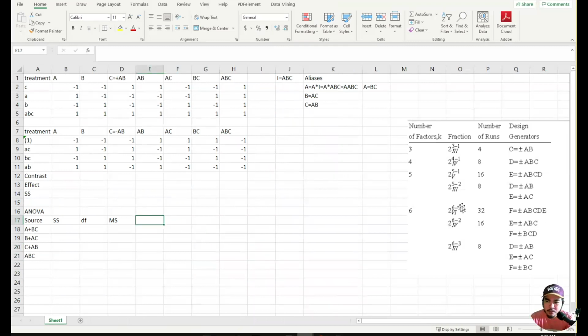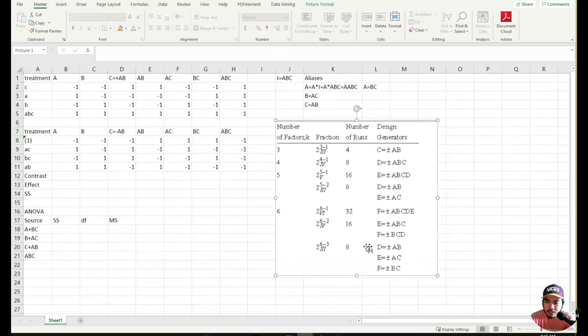Pero I'll be showing you one more, no? Let's do a higher order naman. Let's do 5 minus 2. Or gusto nyo yung i-try natin tong 6? Masyado malaki naman tong 6 pala, 64. Ito na lang, 2 to the 5 minus 2.